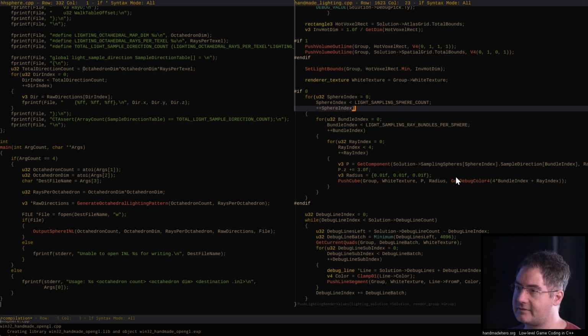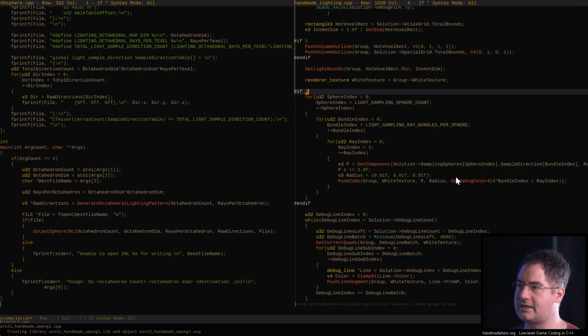We do that, and then we should be able to visually see that the result is bad, and then we can pop back to the sphere code and try to fix it.